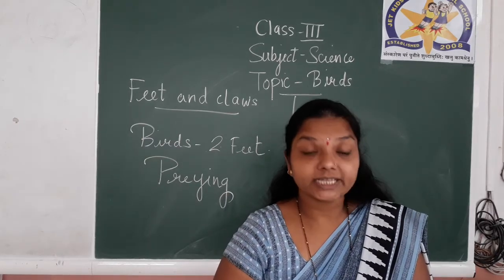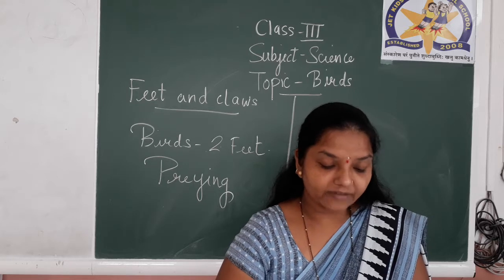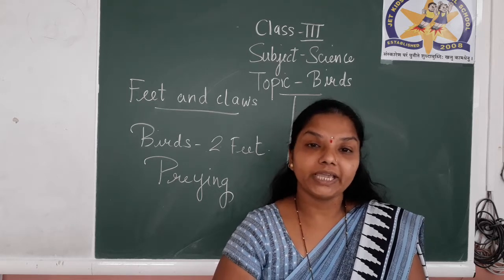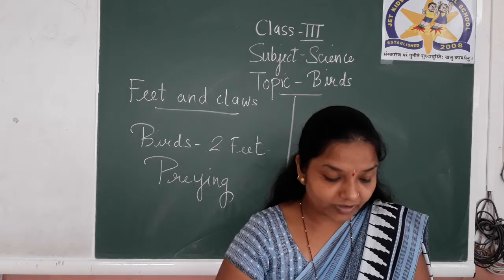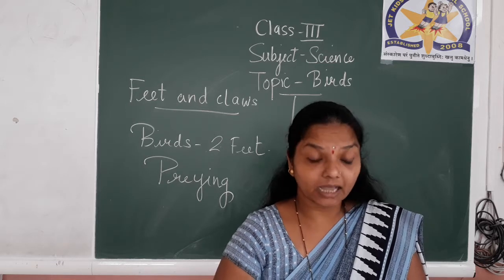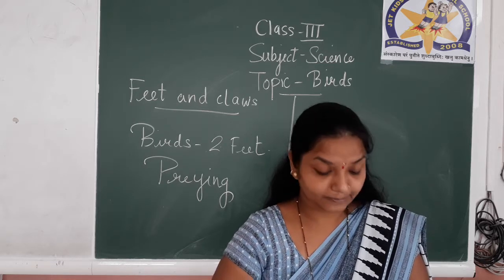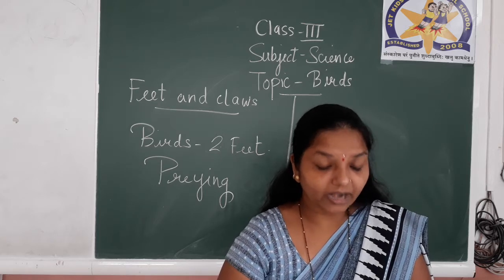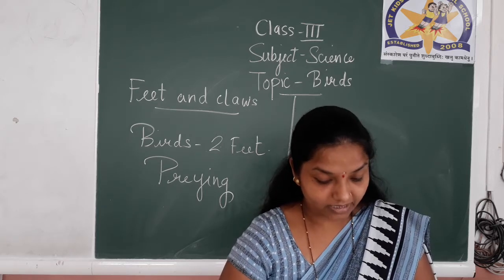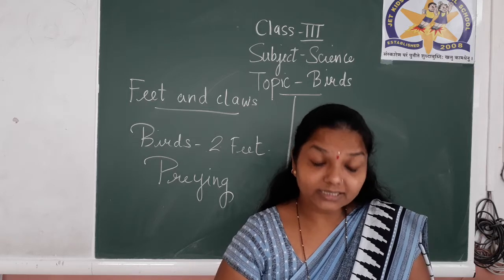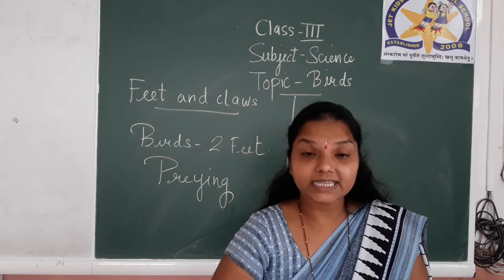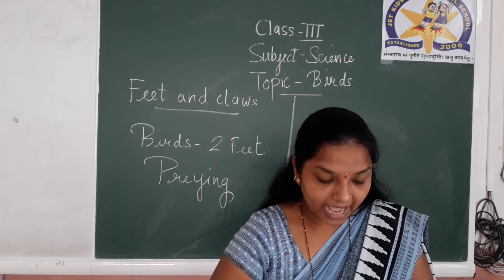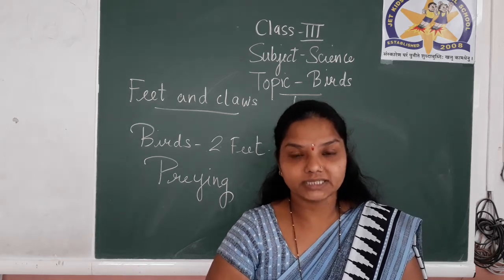Flesh-eating birds such as eagle, owl and vulture are called preying birds. They have very sharp and curved claws called talons. Preying birds have 3 toes in the front and 1 at the back. They use their toes to catch small animals such as rats, toads and small birds.